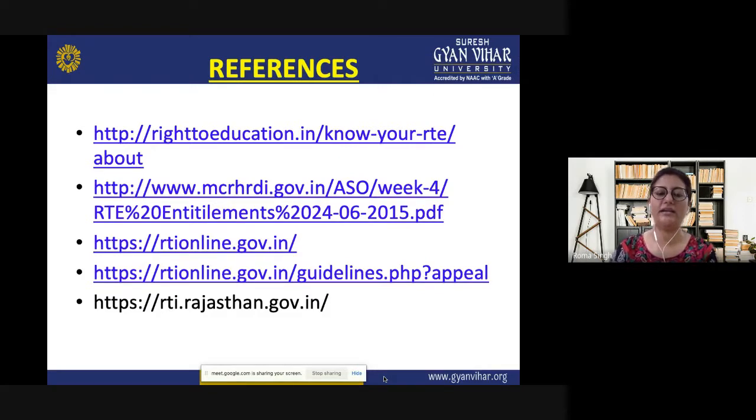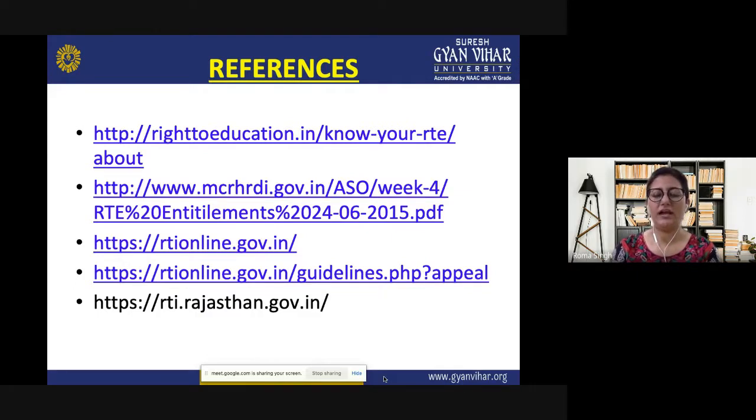These are the direct links of the government websites where you can go and find out more about these acts. And we have also provided the Rajasthan government RTI web portal, where you can find the answer with just one click online.